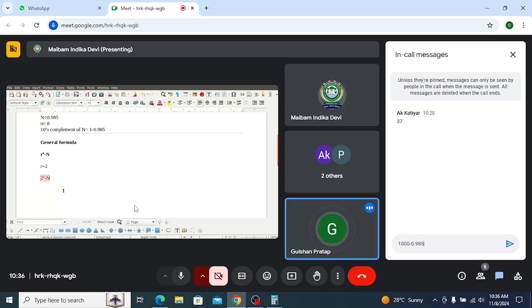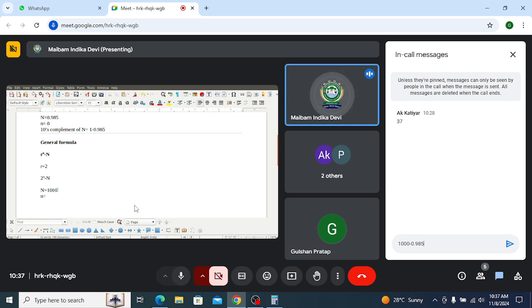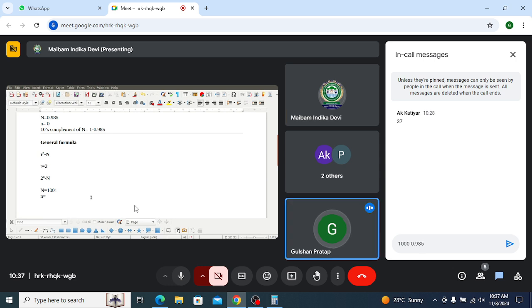Now, if the given question is, let's say, 1001, here the value of small n will be what? What will be the small value of n? n is the number of digits.